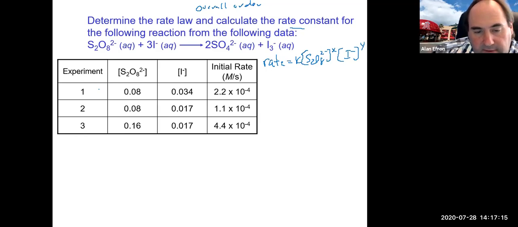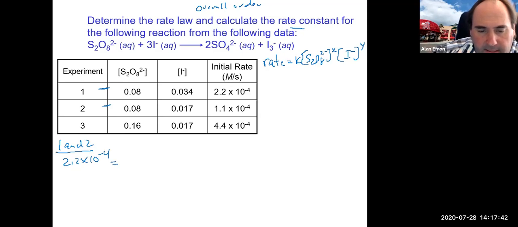If we look at entry number 1 and entry number 2, the concentration of S2O8 remains constant, while I minus varies. Here I'm going to go with number 1 on top just to get some whole numbers. You don't have to; you can solve it the other way if you want. So I'm going to put 2.2 times 10 to the minus 4 up on top, k times the concentration of 0.08 to the x.